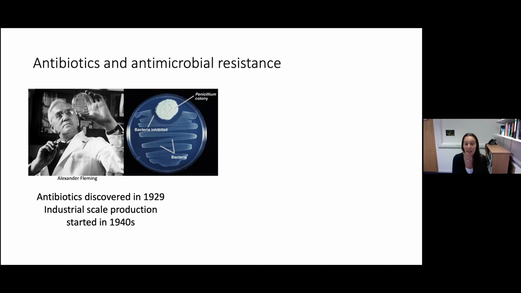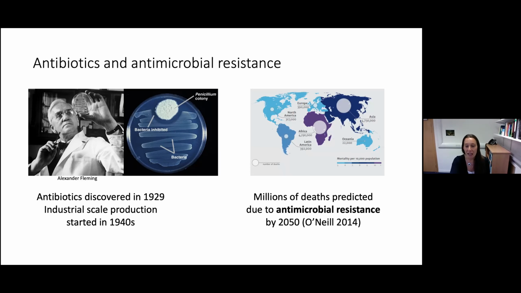Antibiotics started being mass produced, on an industrial scale, in about the 1940s. It goes without any doubt and without any hesitation that antibiotics have saved millions and millions, if not billions, of lives. But they come at a price, and the price is antimicrobial resistance, which is rising worldwide. Current estimates say that this emerging resistance, being a global health threat, already causes about 700,000 deaths a year globally.